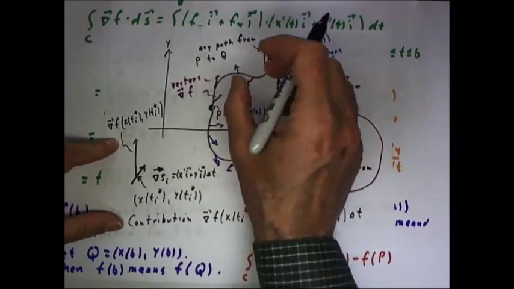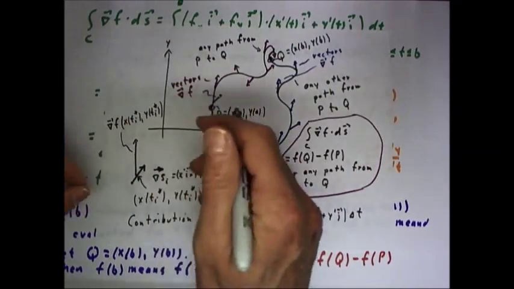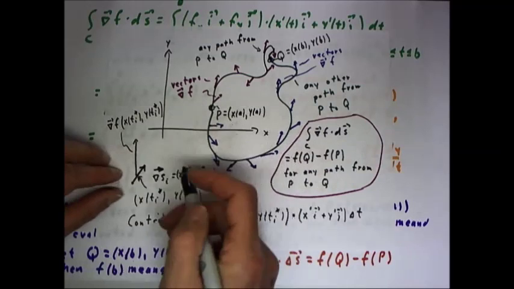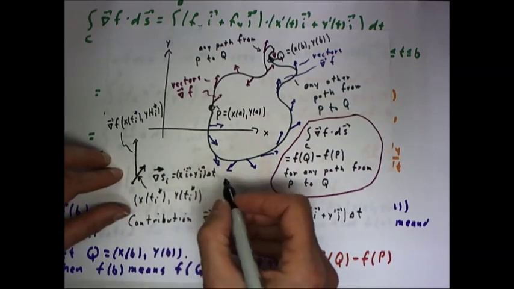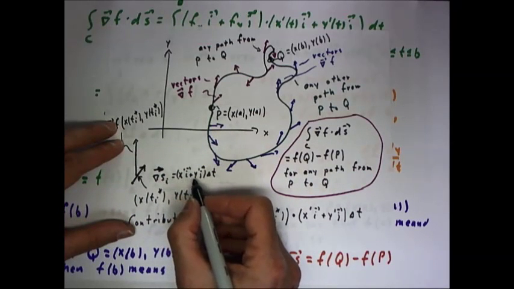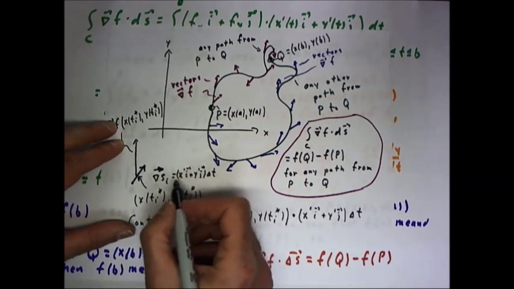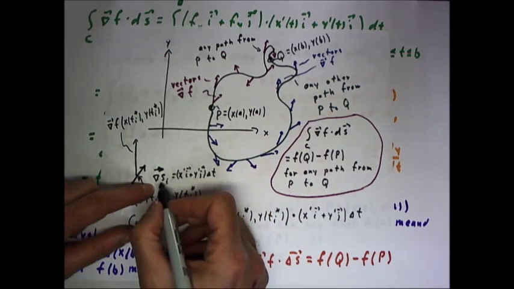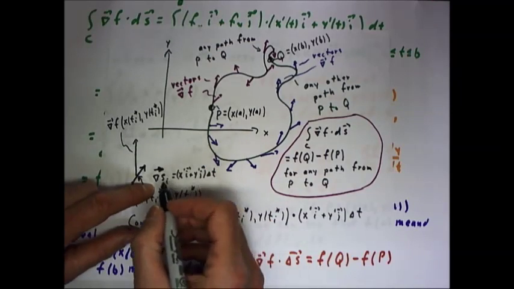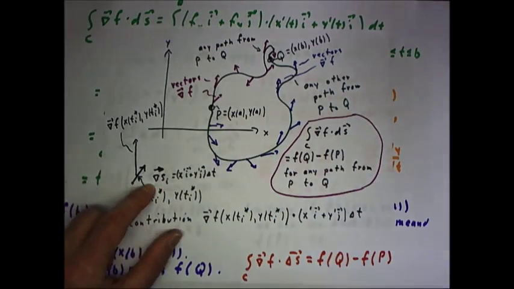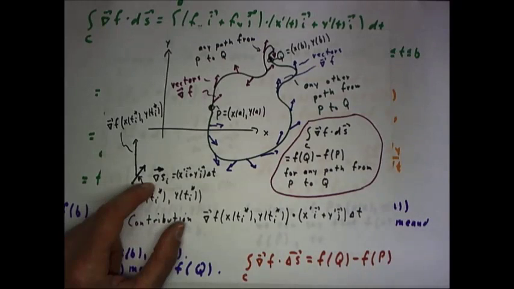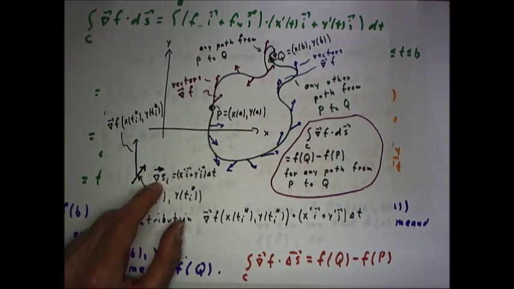We remind ourselves that what's really going on here is we're integrating over typical delta s i's. We're integrating x i prime i plus y prime j delta t. Rather, our displacement, our delta, and let me fix a notation here for a minute. I've written a del operator when I should have written a delta.